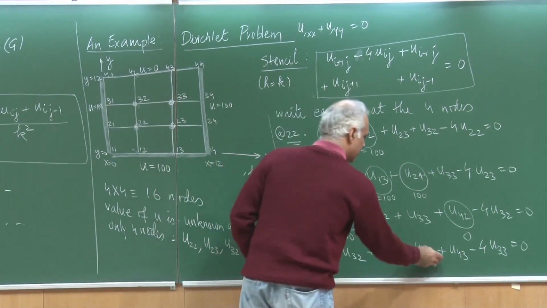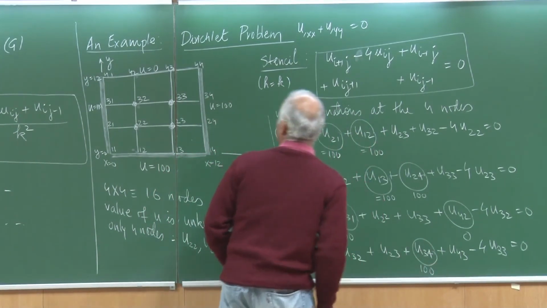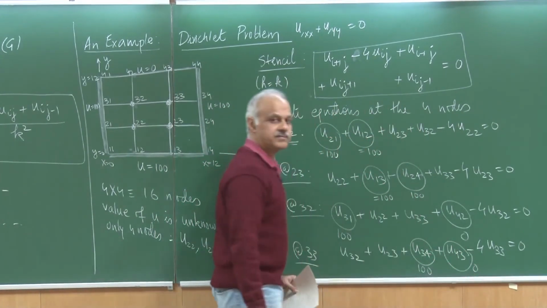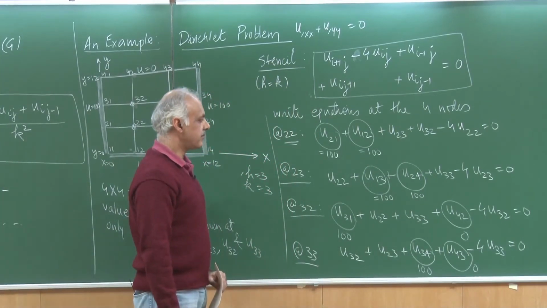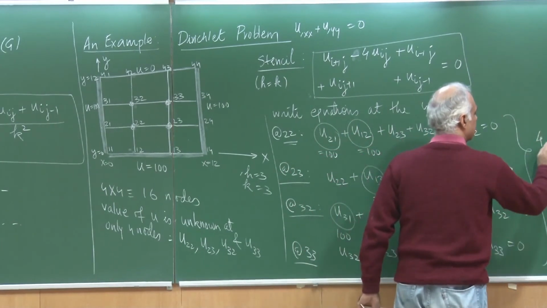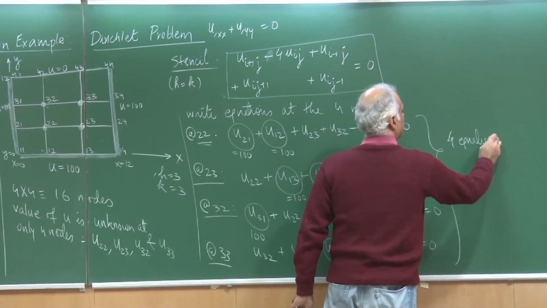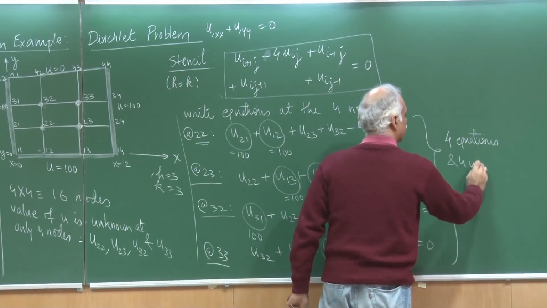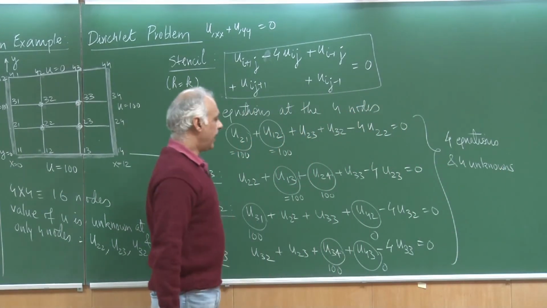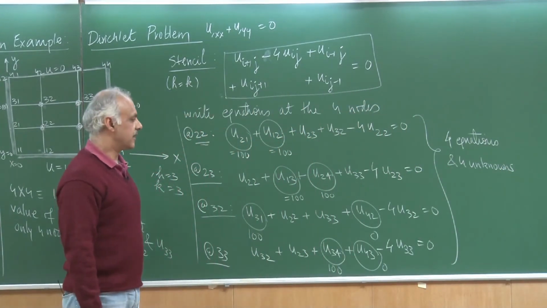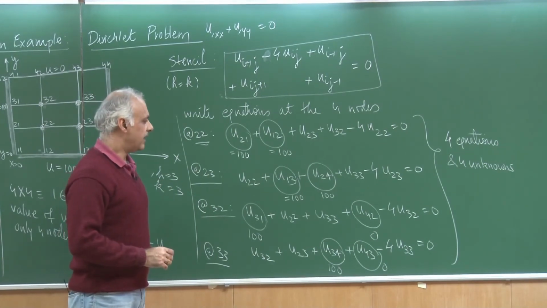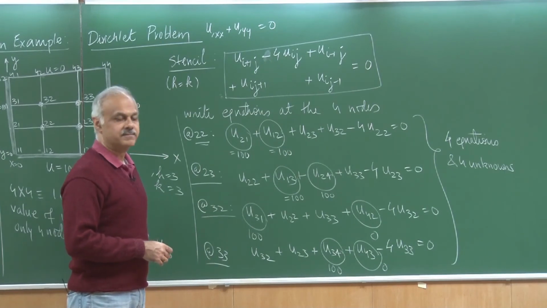So, u34 is 100 and u43 is 0. And what you would now get is a system of 4 equations and 4 unknowns, and one can solve for them. I can now get the values, and that would be my approximate solution.